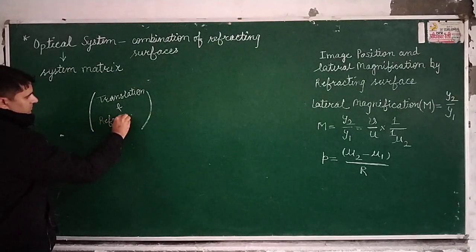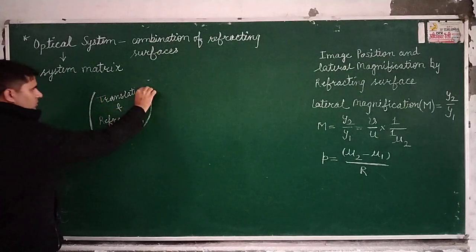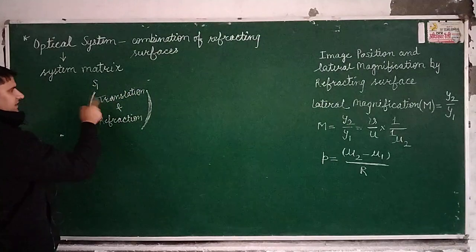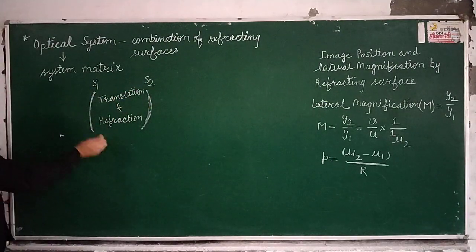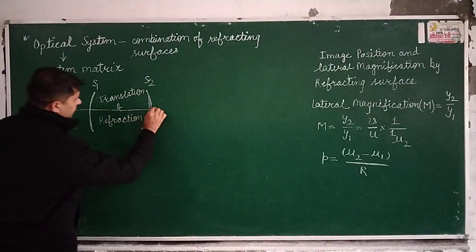Let me write, this is S1, the first refracting surface, and this is the last refracting surface of the optical system, and this is the optical axis.